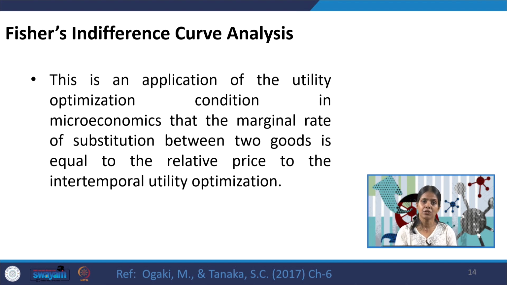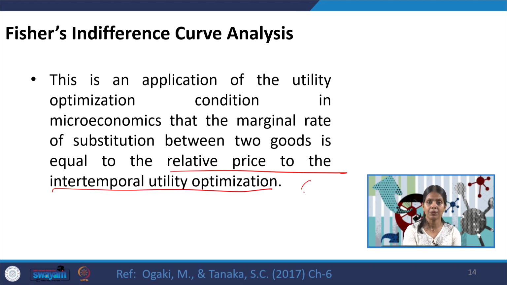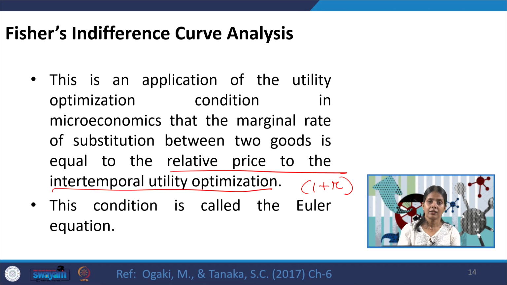This is an application of the utility optimization condition in microeconomics, that the marginal rate of substitution between two goods is equal to the relative price. And we have already mentioned that the relative price for intertemporal utility optimization is given by 1 plus r. The interest rate determines the relative price. This condition is called the Euler equation.